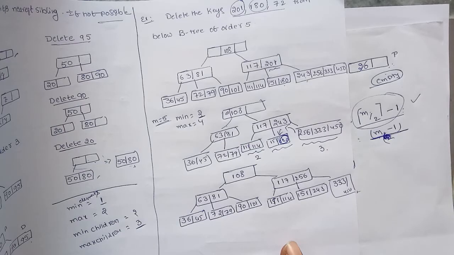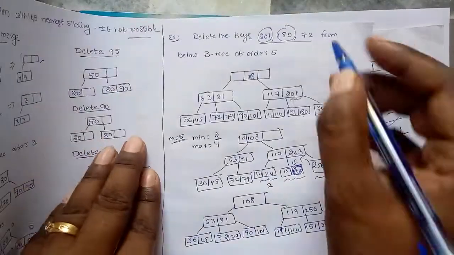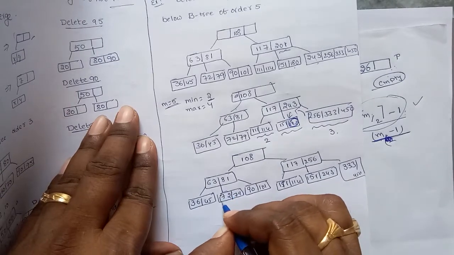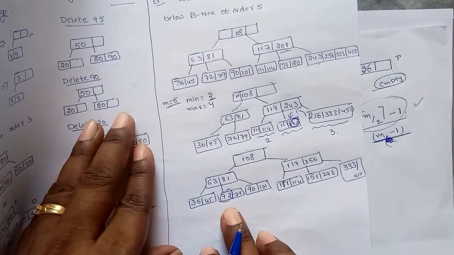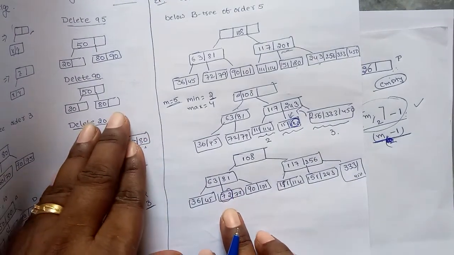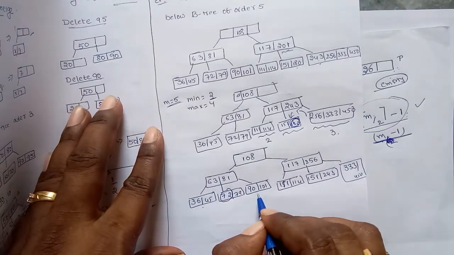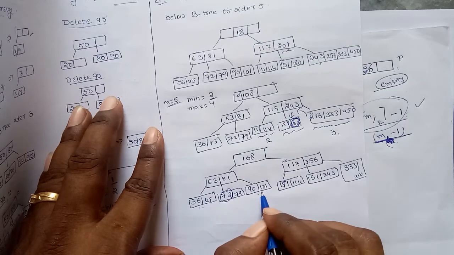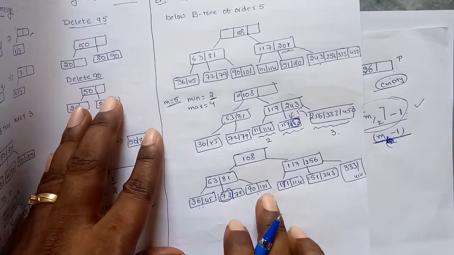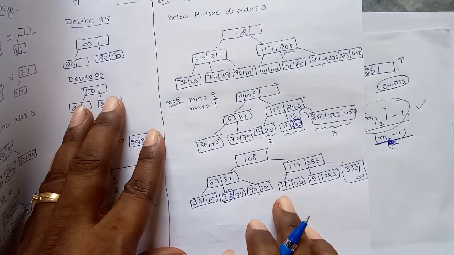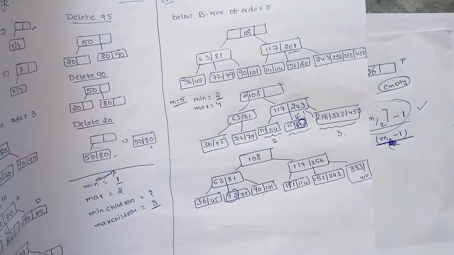Now delete 72. This is the position of 72. After deleting 72, check the left sibling and right sibling. Both have the minimum keys. So what to do? Perform merge operation.